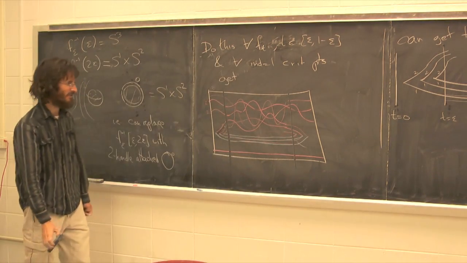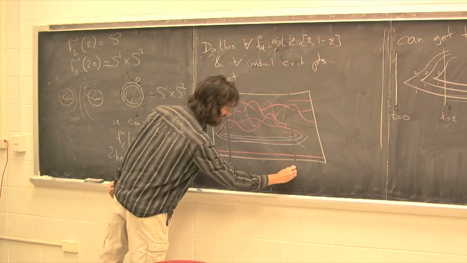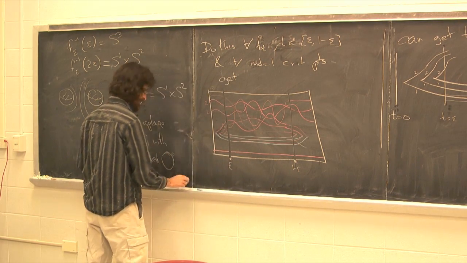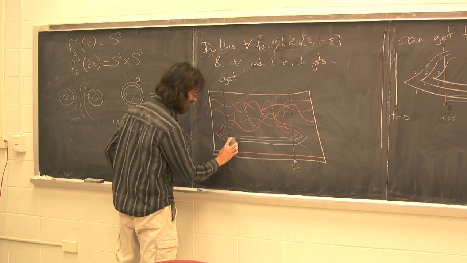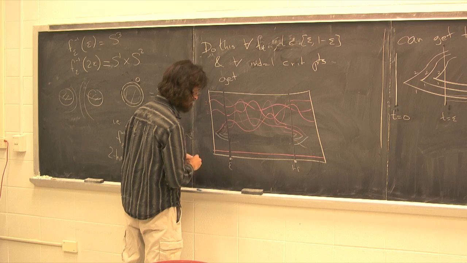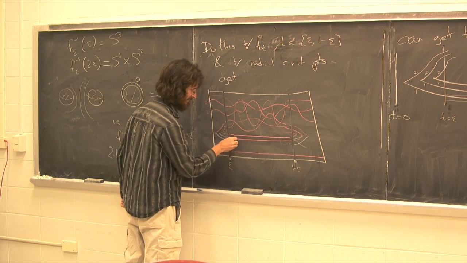This is your legitimate question. At time epsilon and time 1 minus epsilon, I can make some kind of disjoint operation. And now in here, all this stuff is good, by which I mean there are no index 1 critical points.